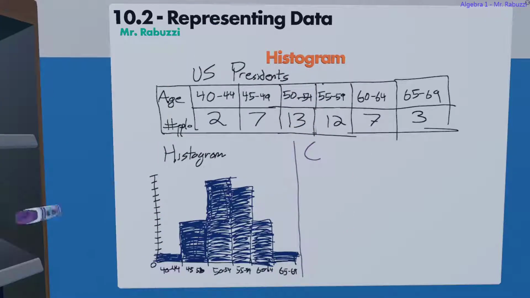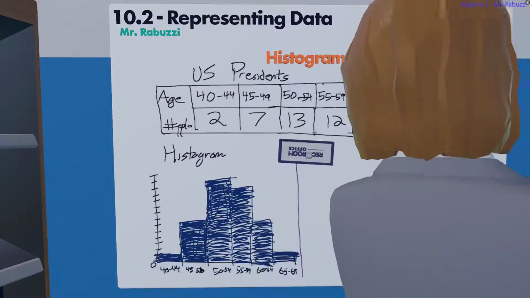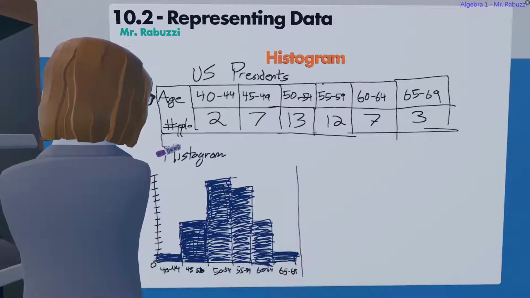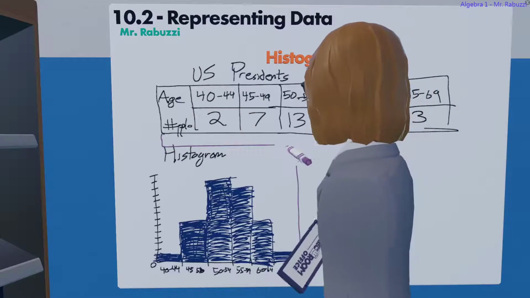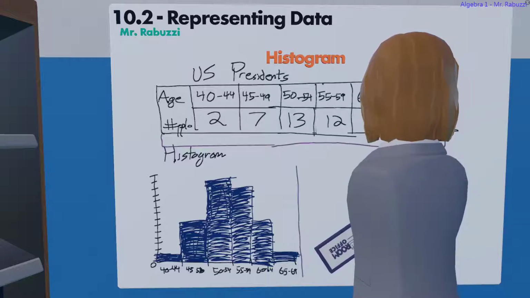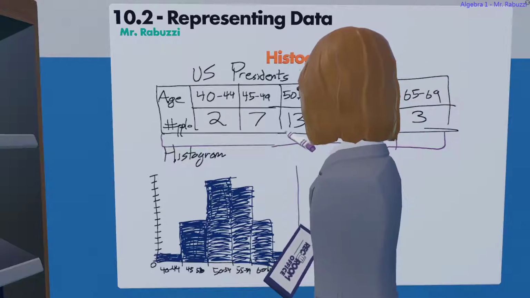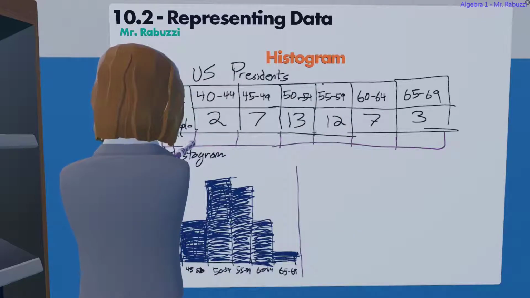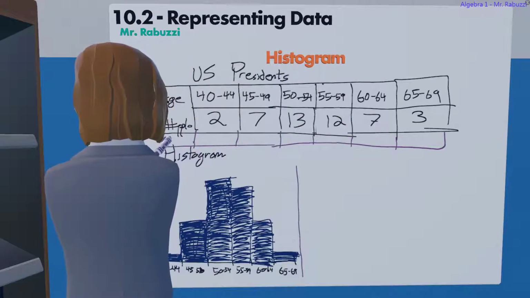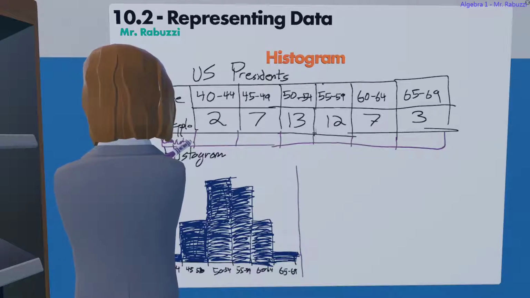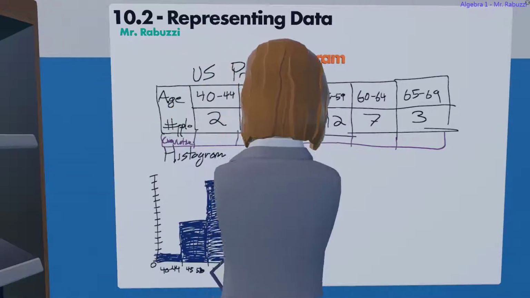Let me get my eraser real quick. Okay, so this is going to be a cumulative histogram. Cumulative. I'll write it bigger over there. I'm really getting tiny words in here.